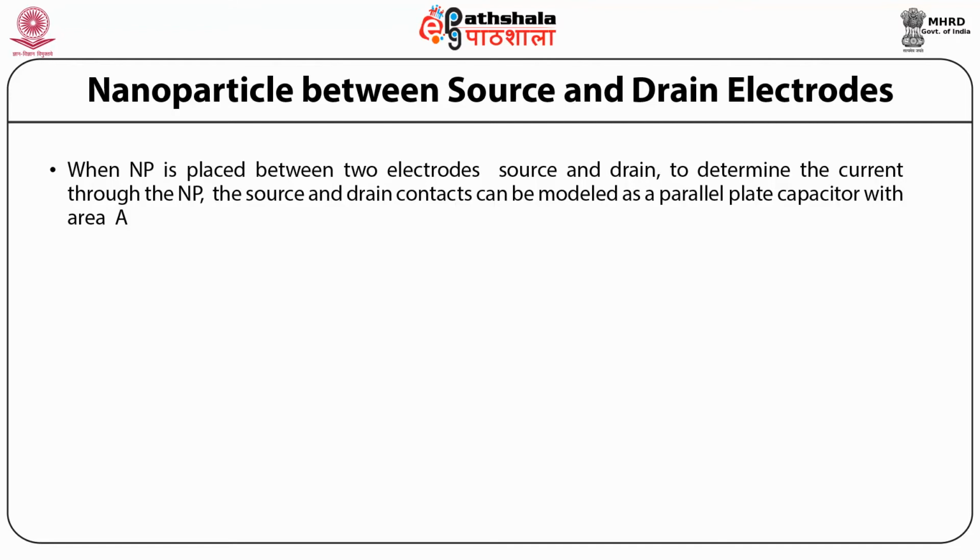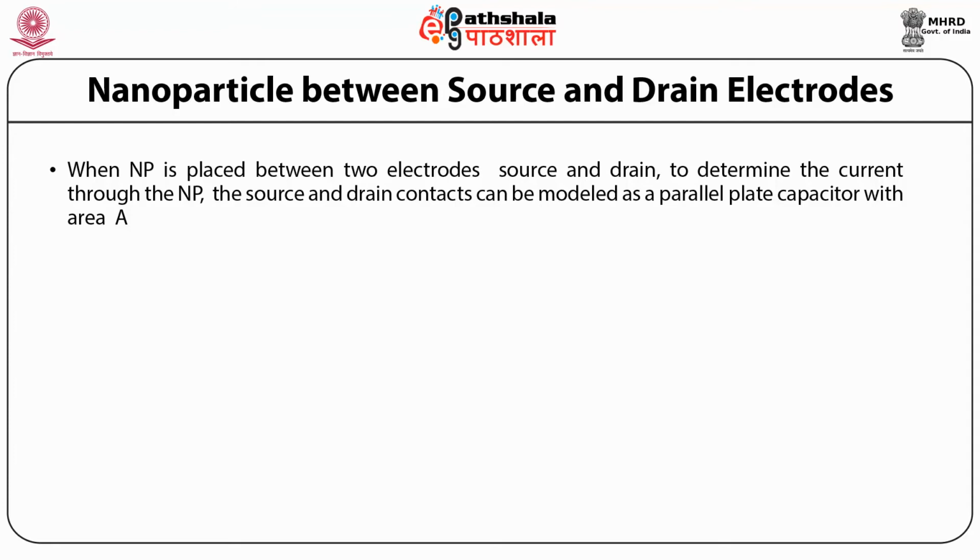So under the approximation that the electric field between two contacts is uniform, the source and drain contacts can be modeled as a parallel plate capacitor with the area capital A, which is the cross-sectional area of each contact, and D is the separation between the two contacts.